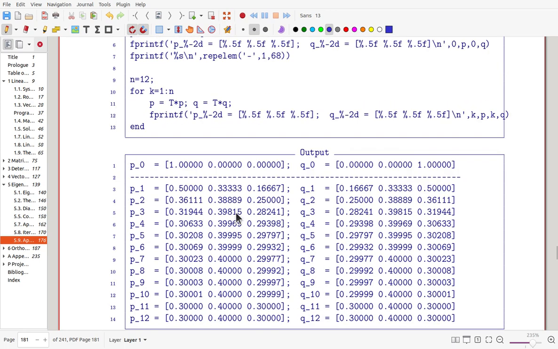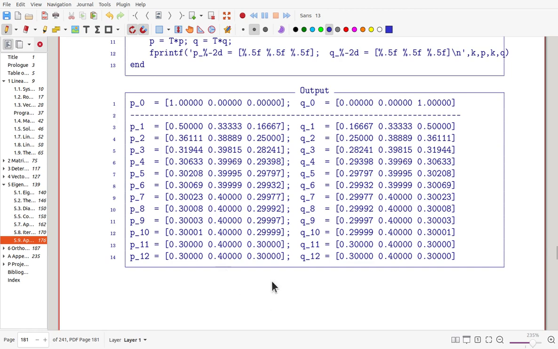So we'll see, after 120 minutes, the probabilities of the birds. In the beginning, we start with, for the left column, 1, 0, 0, and for the right column, 0, 0, 1. After 10 minutes, we have P1 or Q1, and the last one will be at 2 hours.